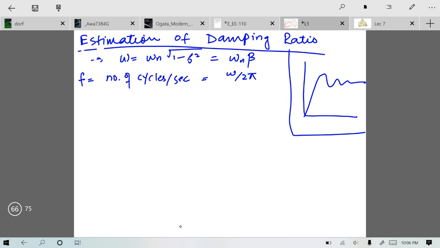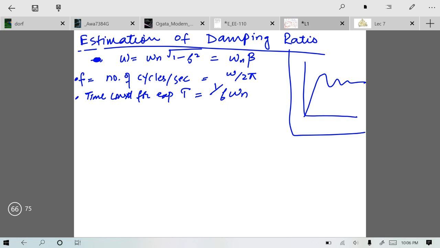And the time constant for this exponential type of response is tau is equal to 1 over zeta omega n. This is the information given to derive what we want to know.